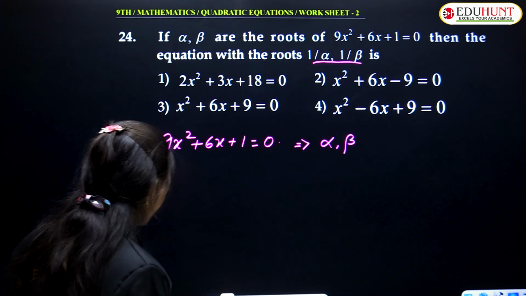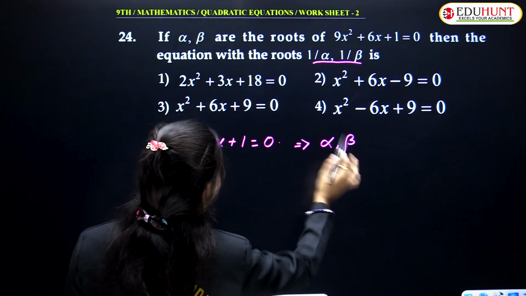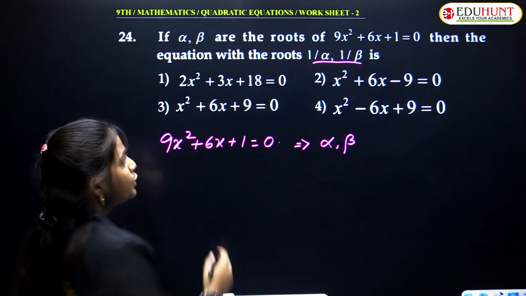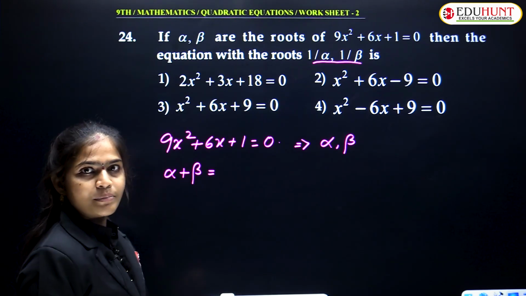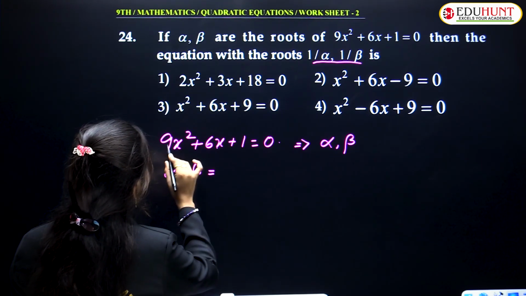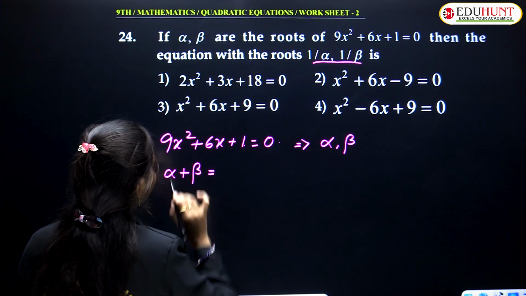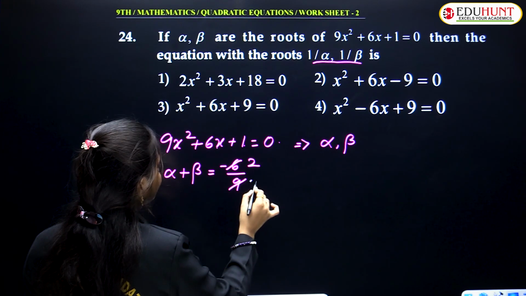Understand? So see here, 9x square plus 6x plus 1 is equal to 0. Here the roots are alpha and beta. So first find alpha plus beta. The sum of the roots is minus b by a, so minus 6 by 9, which is minus 2 by 3.